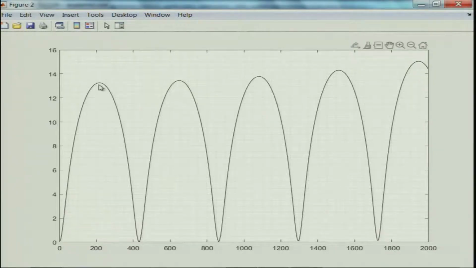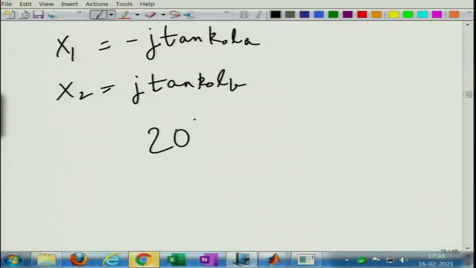Now, in some of the assignments that you would have solved, you can easily figure out that the maximum transmission loss was something like 20 log m, where m is your area ratio.